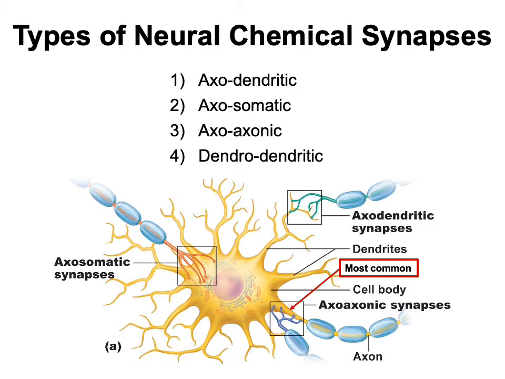Then you have axoaxonic, which is the axon of the sending neuron communicating right at the axon hillock in this diagram with the receiving neuron. And that happens to be the most common location of motor signal synapses. And then you have a few that are dendrodendritic, but there are not too many of those.